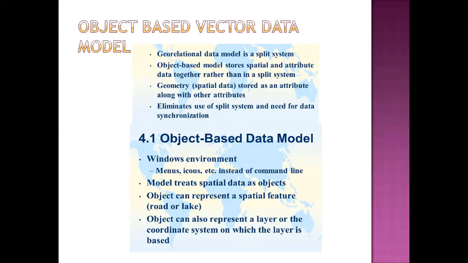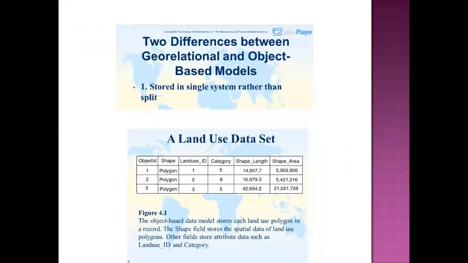The model treats spatial data as objects. An object can represent a spatial feature. An object can also represent a layer or the coordinate system on which the layer is based. There are two differences between the georelational and object-based data models. First, it is stored in a single system rather than split.